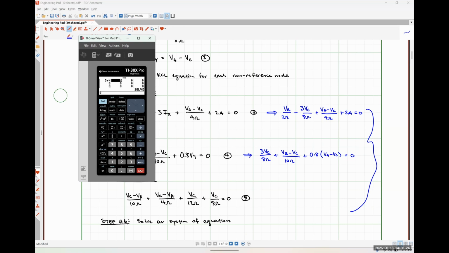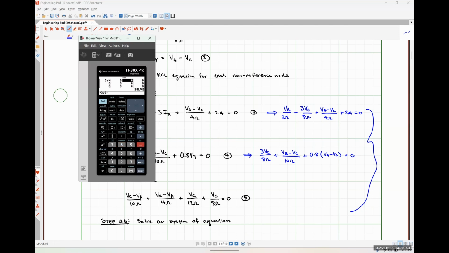So I don't see any VB terms here. So my coefficient for VB is going to be 0. For VC, I have a negative 3/8 from this second term. So negative 3 over 8. And then I also have a minus 1/4 from this third term.